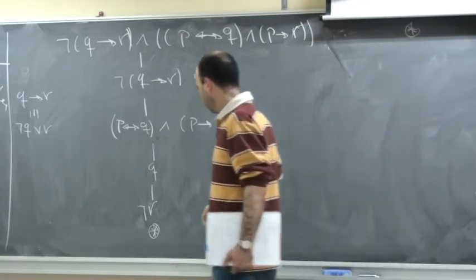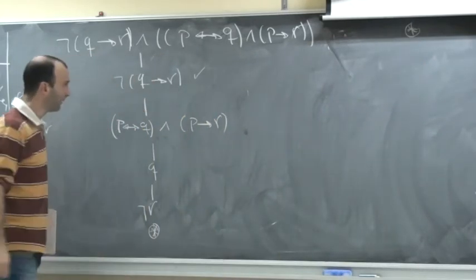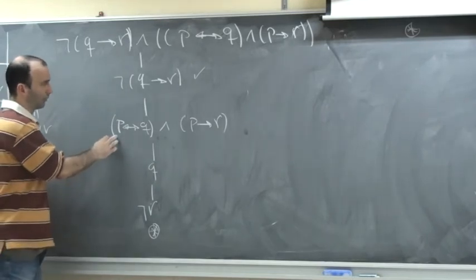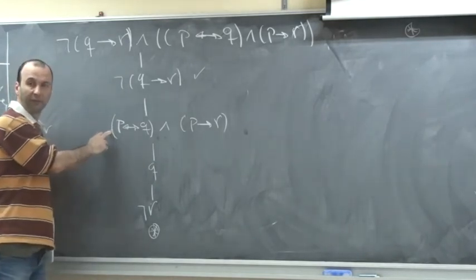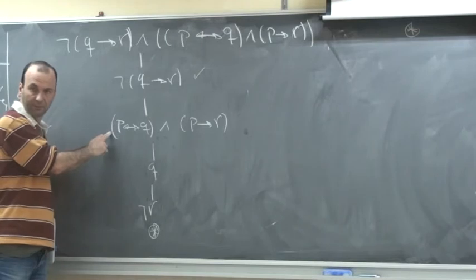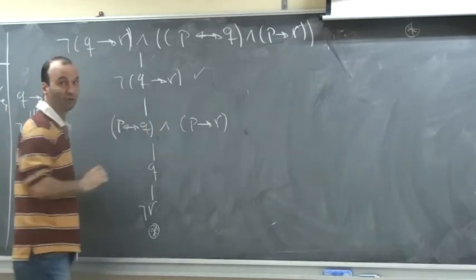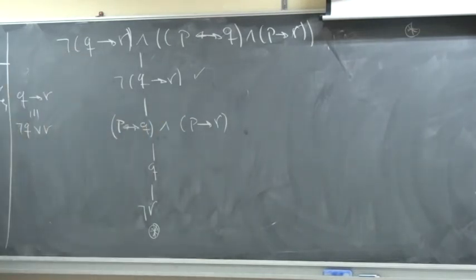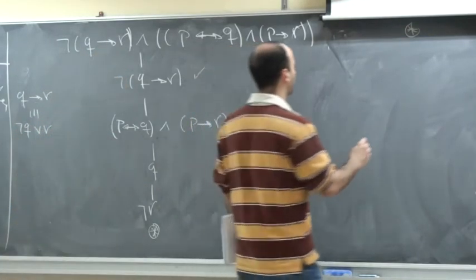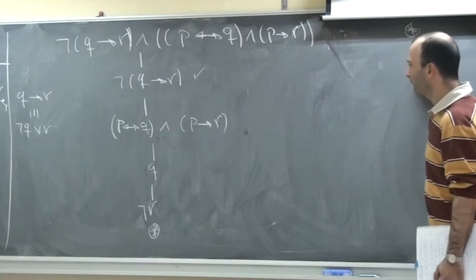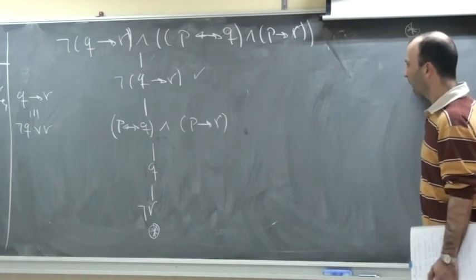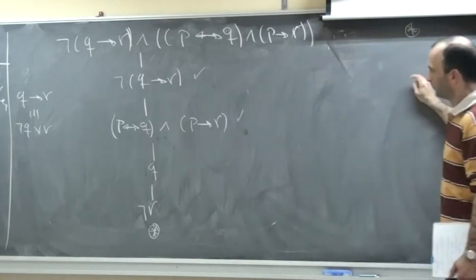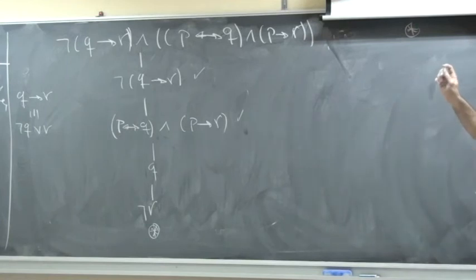Okay, so am I done? No, because this formula hasn't been processed. Right? It's very convenient to check your processed formula. Right? So what's next? Here, that's clearly a conjunctive formula.